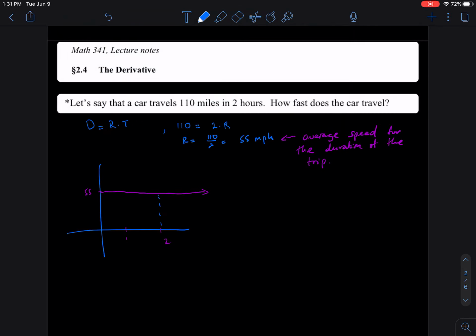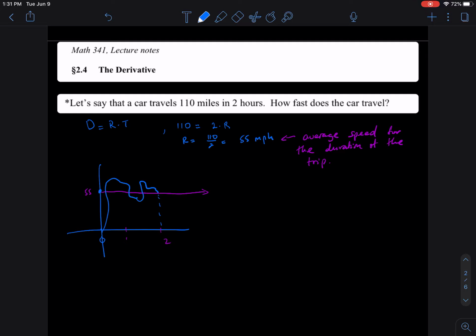The car might start low at 0, jump up past 55, then go down when it hits traffic, and go back up again. So we don't really know the actual speed of the car at any moment between 0 hours and 2 hours. The 55 miles per hour is just the average speed.